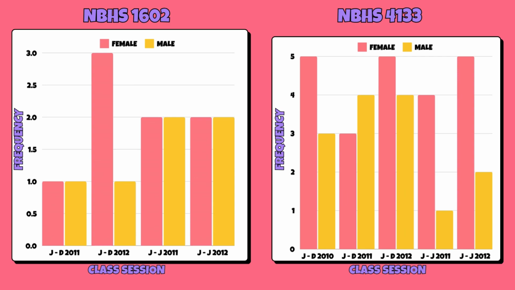Next, we can see the session-based trend. The session category introduces a time component, so it allows us to look at performance changes over different terms or school years. With this segmentation, we can explore whether there are improvements or declines in performance from one session to the next.